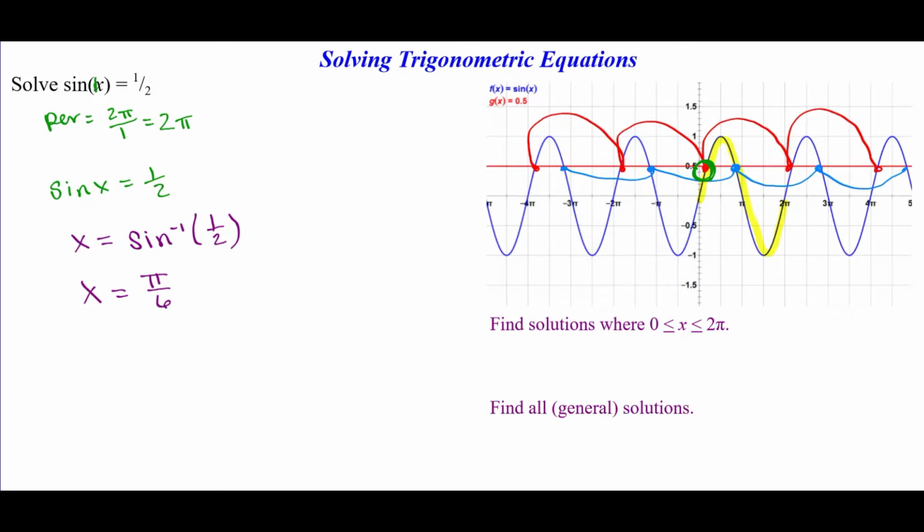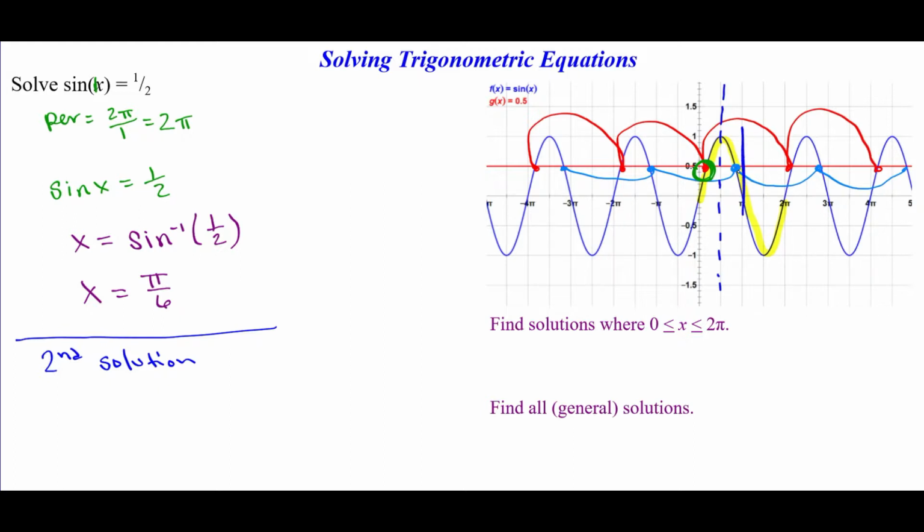Then to find the second solution in the highlighted region, we have to think about the symmetry of the graph. You can see that if I were to fold right along this line, I have some symmetry in this curve right here. This point that we have circled in green here and this blue dot here would be reflections of each other if I were to fold along that line. So the distance from the y-axis to this first point is the same as the distance from pi back.